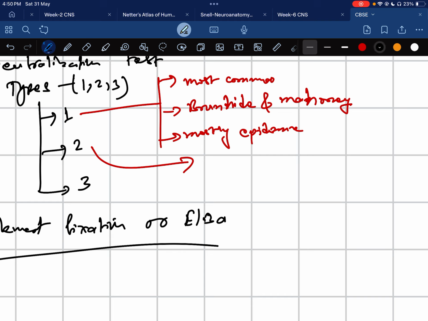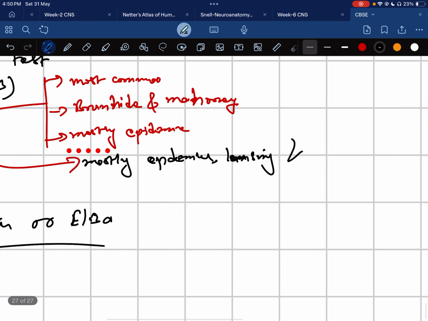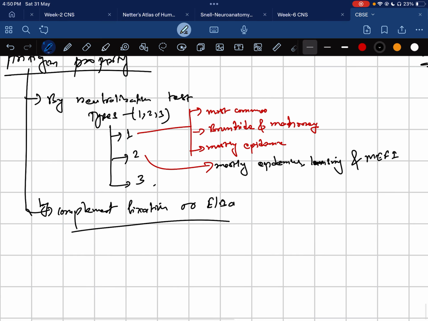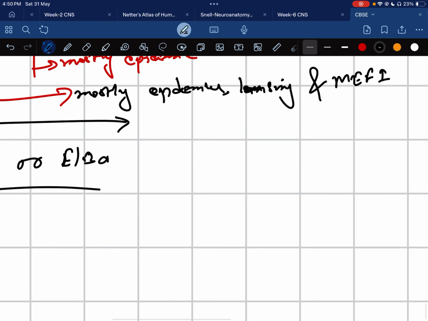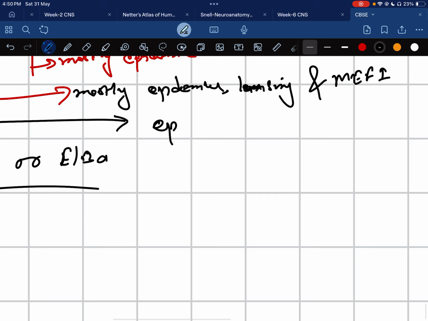Type 2 is mostly endemic, represented by Lansing and MEFI. The third type is epidemic, represented by Leon and Saukett.